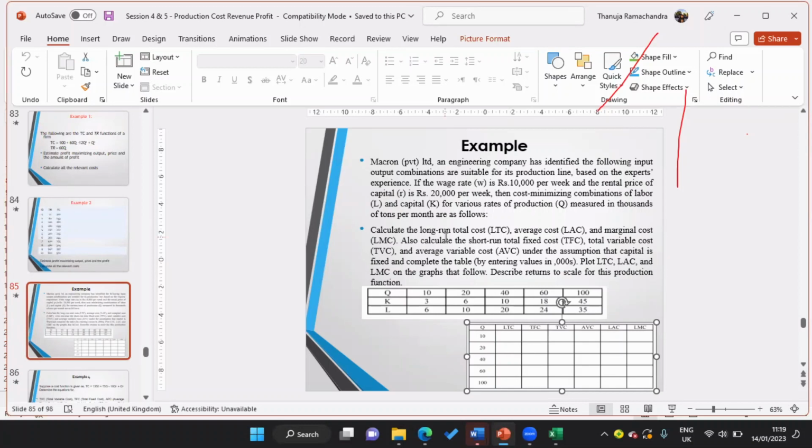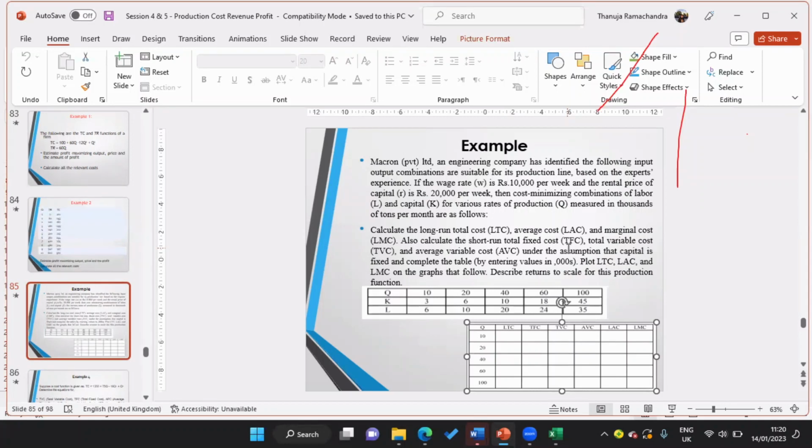So calculate the long run total cost, average cost, marginal cost for LMC, right? Also calculate the short run total fixed cost. Output level increasing for the long run 20, 40, 60 and so on, right? Total fixed cost, yes, we have to assume as 3.